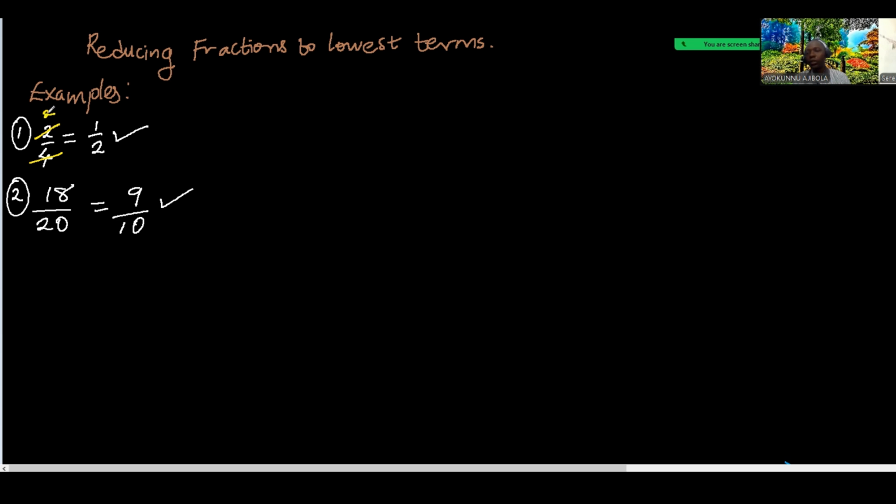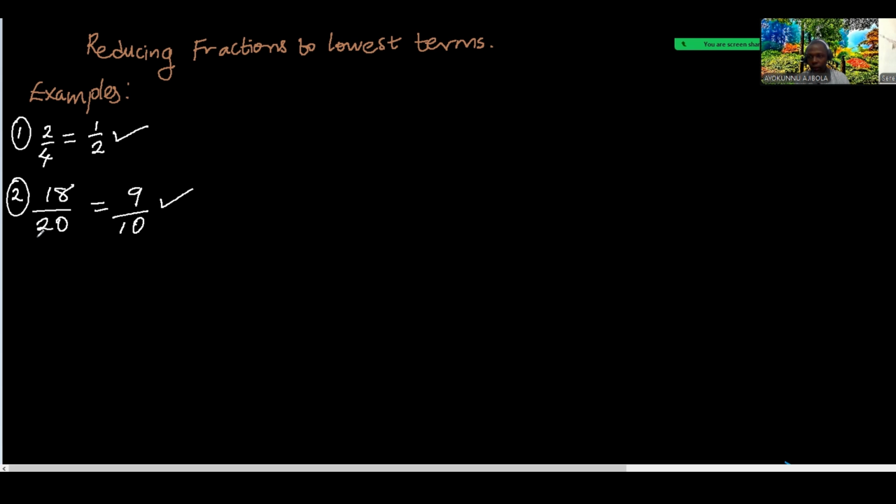So 2 in 2 gives us 1, and 2 in 4 gives us 2. That's why we got 1/2. Now the next one, we're looking for the number that can divide both of them at the same time, and that number is 2. 2 in 18 is 9, and 2 in 20 is 10. So that's where we get 9/10 from.